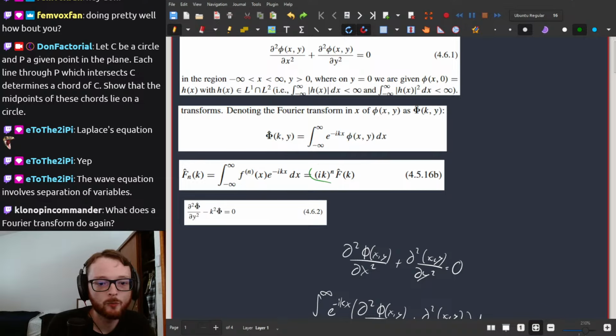You just multiply a constant by the Fourier transform of the original function. And that's really helpful for differential equations. When you have functions and their derivatives in the same place, you can convert everything into just an algebraic equation, basically. I'm explaining this terribly. We're using it here to basically simplify differential equations and solve them.